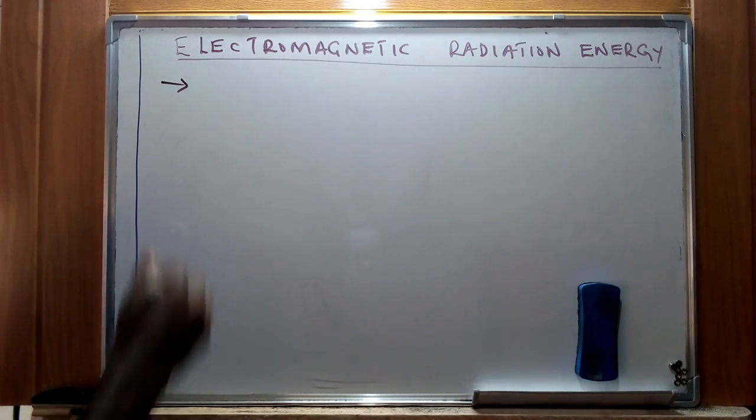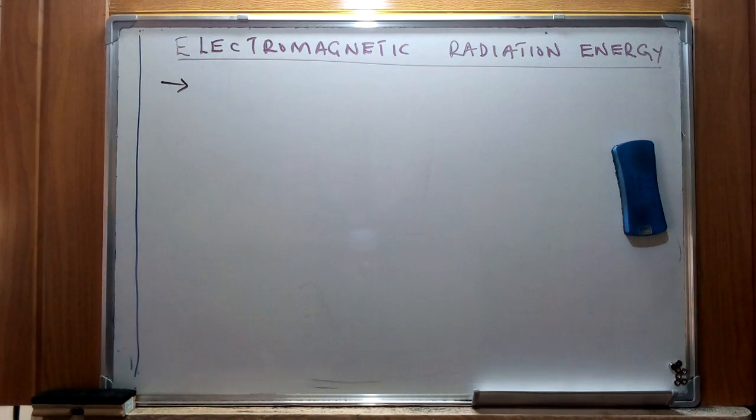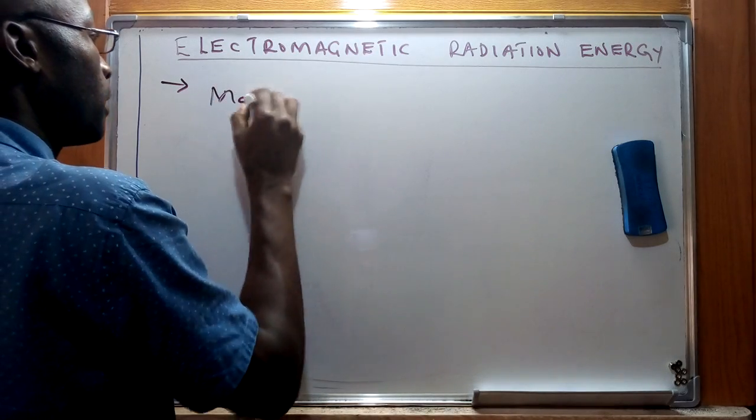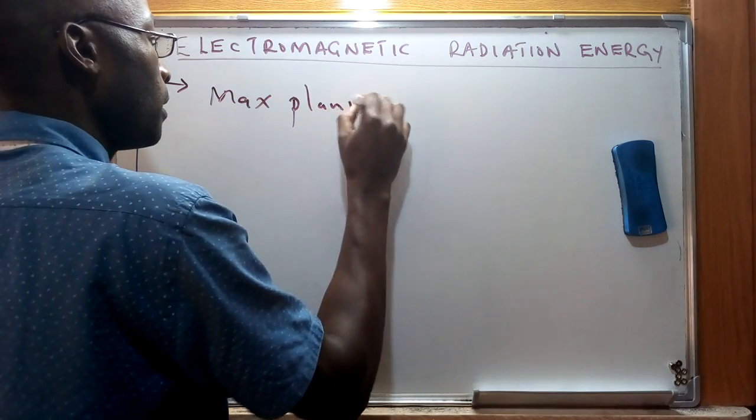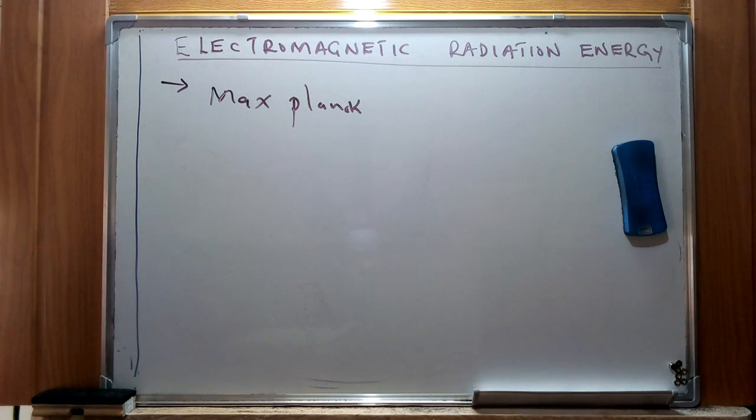Now, I can have a small recap on some of the experiments that were done. We are going to see that these experiments were launched by Max Planck. Of course, there are various other scientists who contributed heavily towards this description.